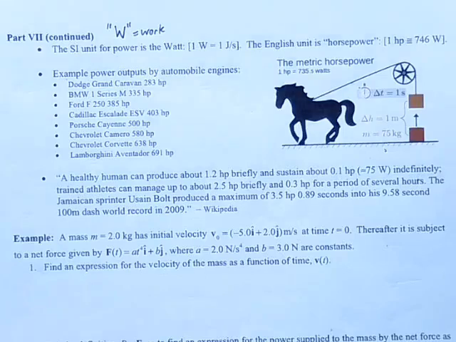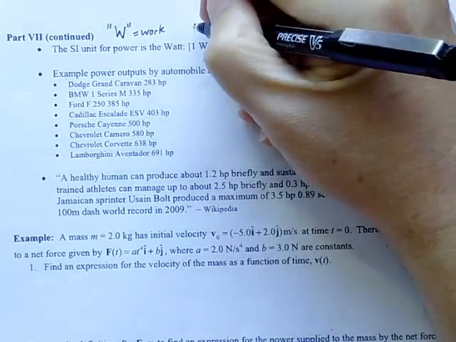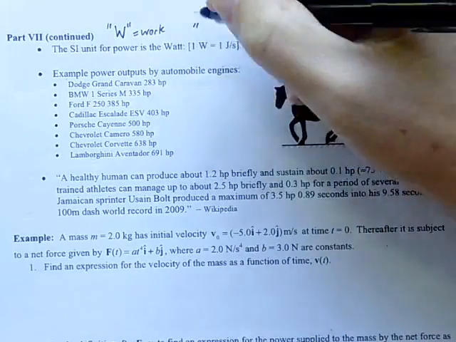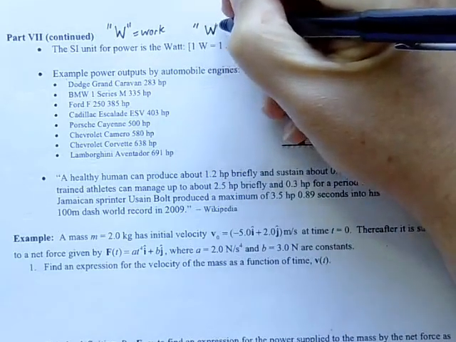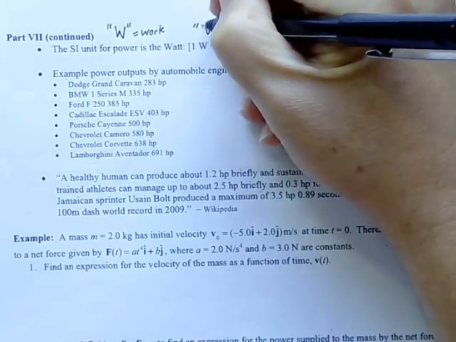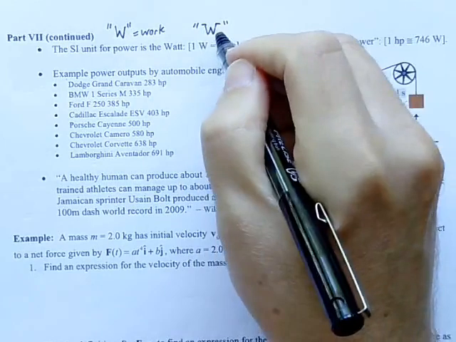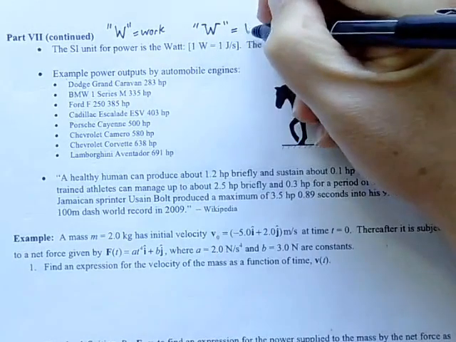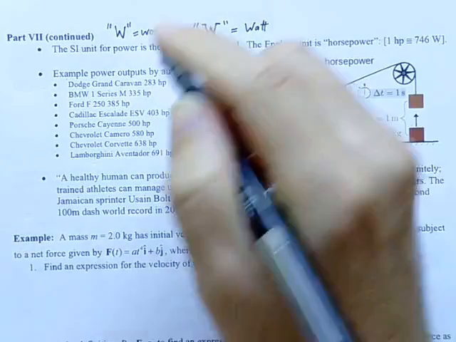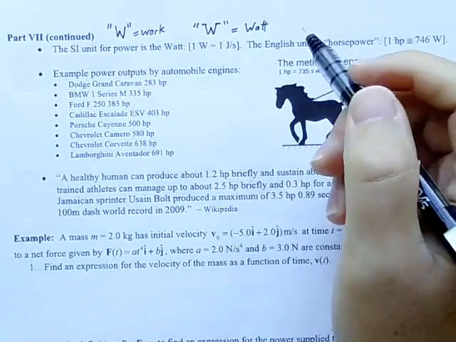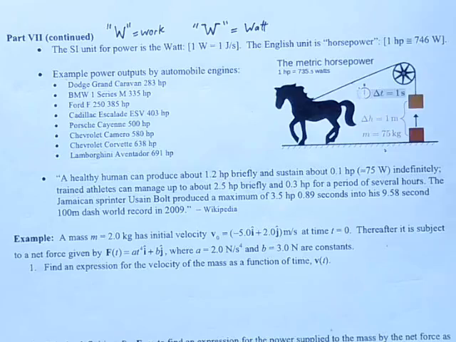So if you're handwriting things, I recommend trying to find some way to distinguish your W for work from your W for watt. I personally like to put a couple of serifs on the W for watt. Sans serif for work, little serifs on there for watt, just to help make that distinction.